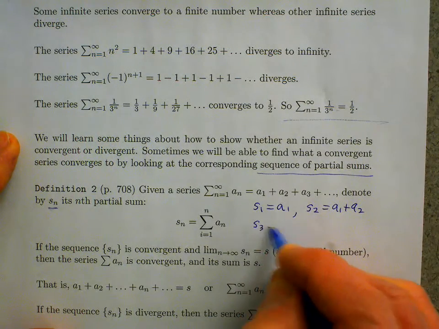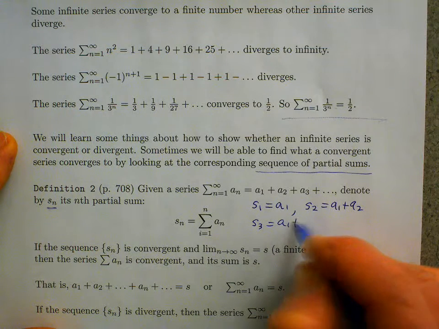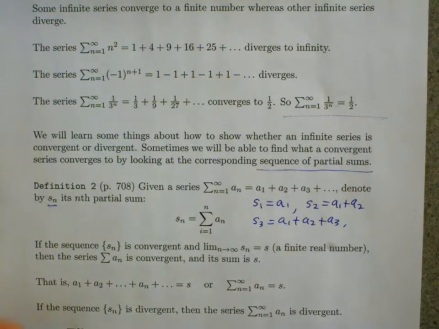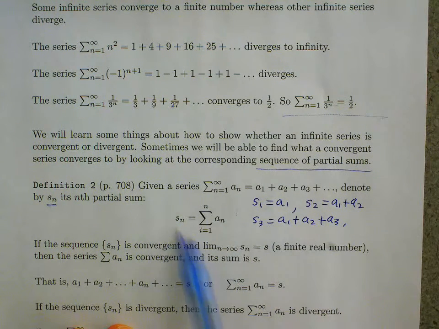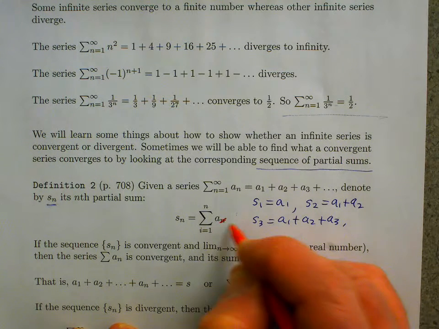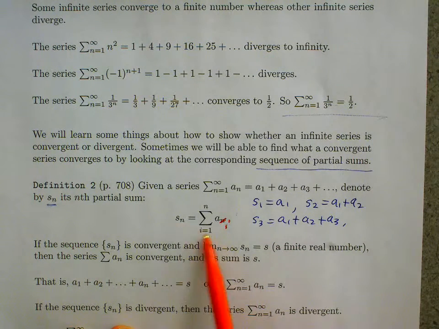S sub 3 is the sum of the first three terms, a sub 1 plus a sub 2 plus a sub 3, and so on. And you can use sigma notation. S sub n is the sum of the a sub i terms as i ranges from 1 to n.